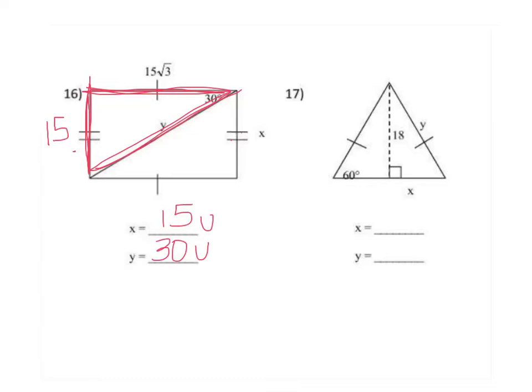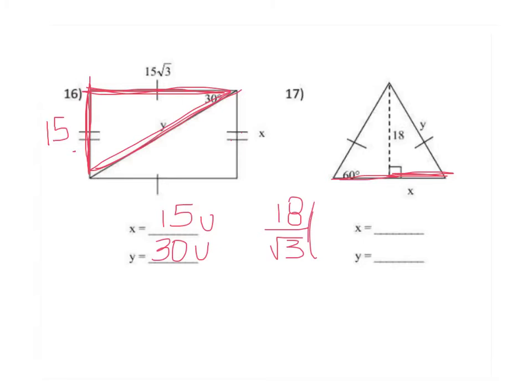30, 60, 90, if I have 18 here, that means these two triangles are congruent. It means if I get this, I'll also have this. So therefore, I am just going to take the 18 and divide by root 3. Okay, so 18 divided by root 3.